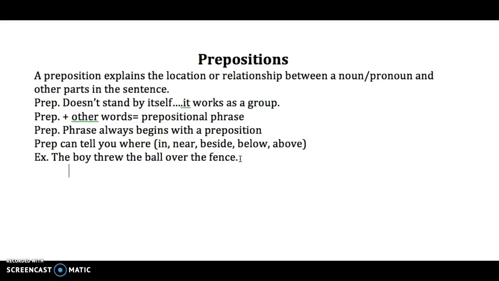So for instance, the boy threw the ball over the fence. If you ask yourself the question, over where? Well, over the fence. So over where is telling us where the ball was thrown. So we've got some extra information going on about the ball.